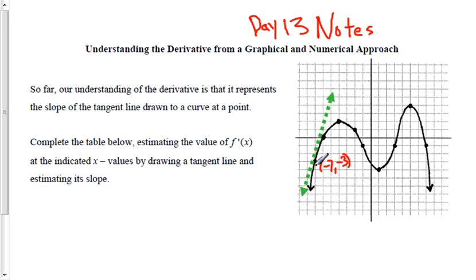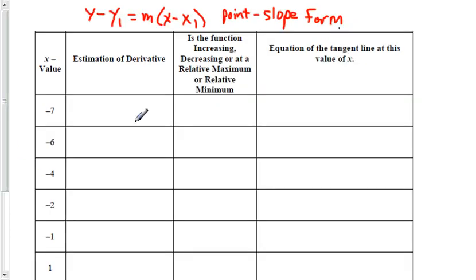And it looks like if this is my tangent line at that point, right here, -7, -3, I'm going to go up 1, 2, 3, 4 over 1. So that's what I mean by guess. If you have 5, not the end of the world, but we'll say that this is 4. So the derivative of the function at -7 is close enough to 4.